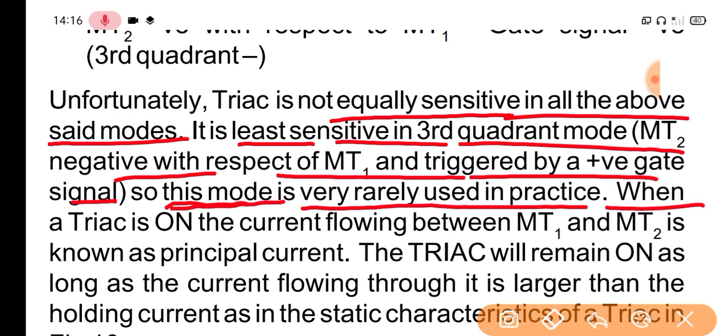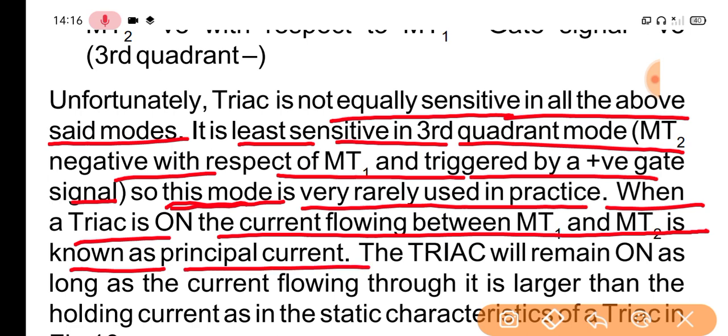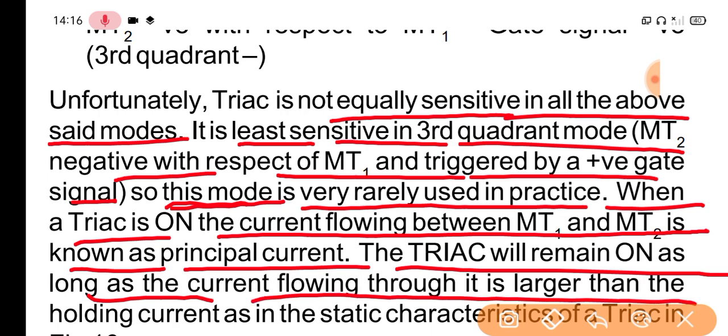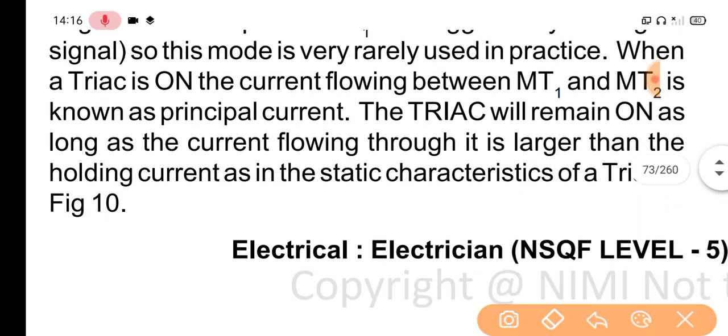When a triac is on, the current flowing between MT1 and MT2 is known as the principal current. The triac will remain on as long as the current flowing through it is larger than the holding current, as in the static characteristics of a triac given in picture 10.